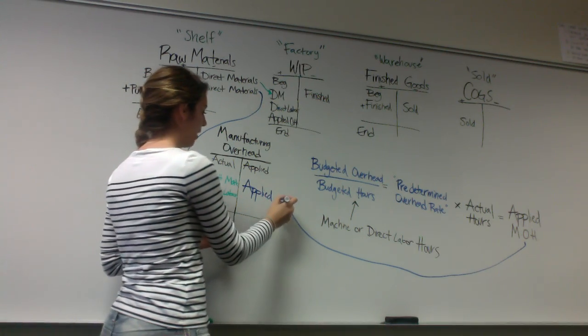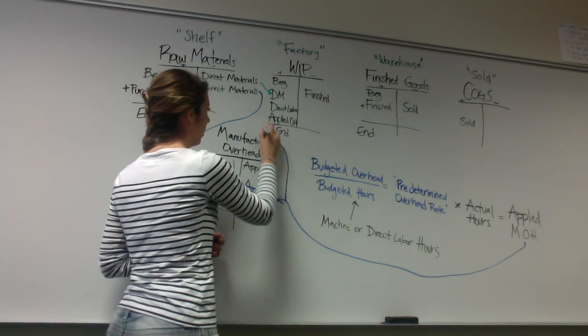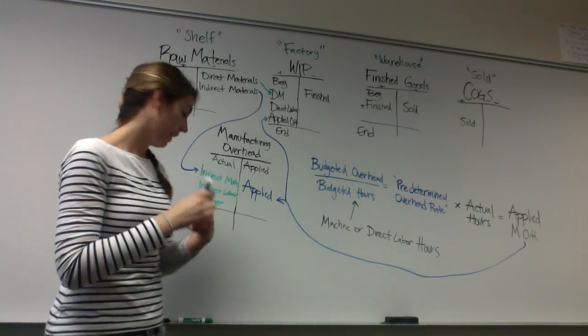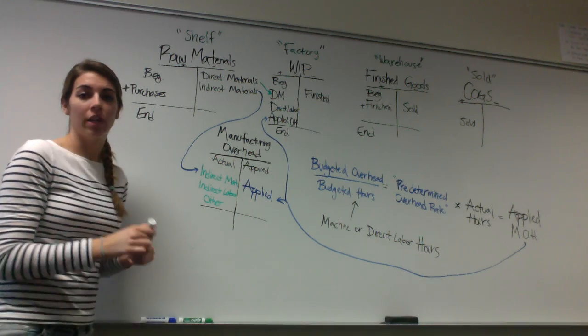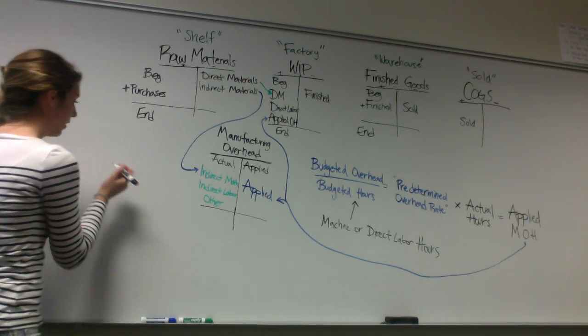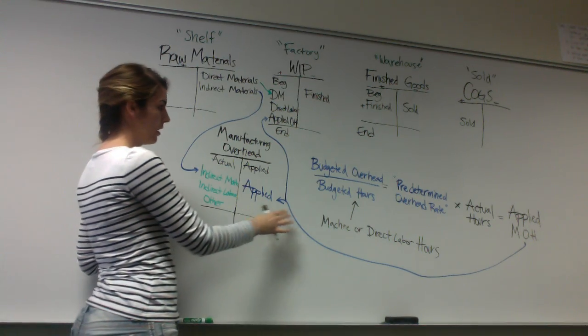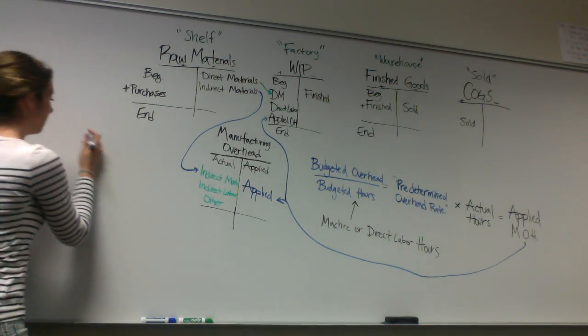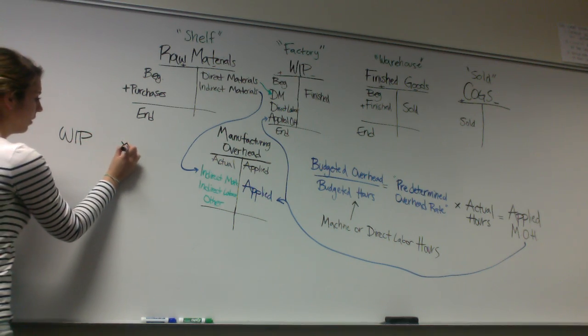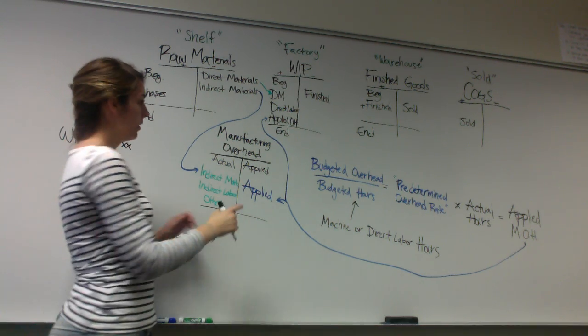And at the same time, it goes up here. So when we apply manufacturing overhead, there is a journal entry for that. And if we just look at our T accounts, we can figure that out. We say, well, where is it a debit? It's a debit to WIP. And where is it credited?